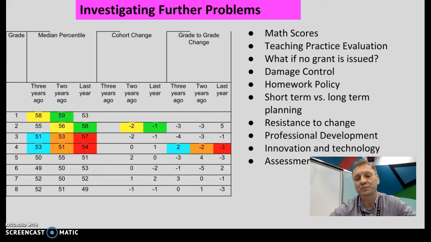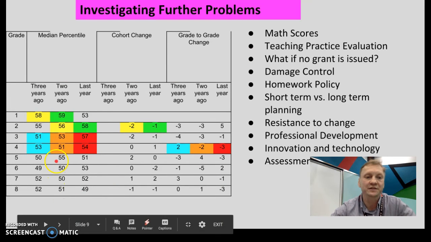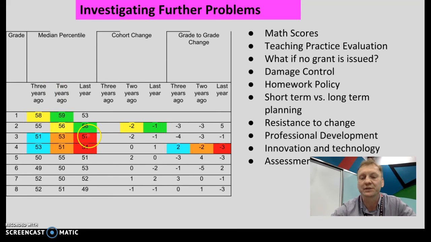So, investigating further problems. Now that there's a problem in reading, I also noticed there's a problem in math as well. The math scores are going up a little bit, but down in some areas. But basically, if there's a problem in one area, there's a common trend that can help with problems in other areas, because it all comes back to assessment, professional development, resources, teaching practices, and a good learning culture.